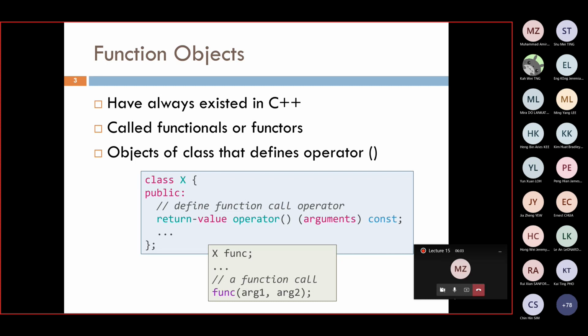After function objects, C++ 2011 introduced something called lambdas or closures. The use of function objects is somewhat reduced because we can write lambdas to replicate much of the behavior in a much more convenient fashion.